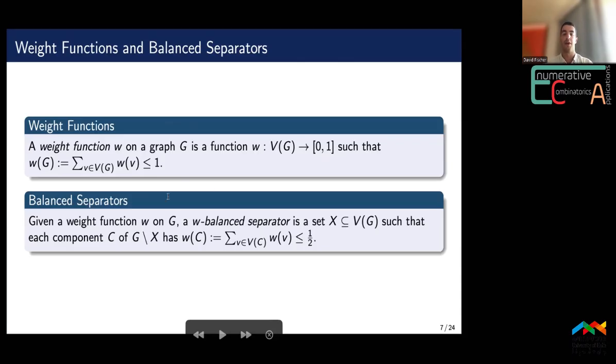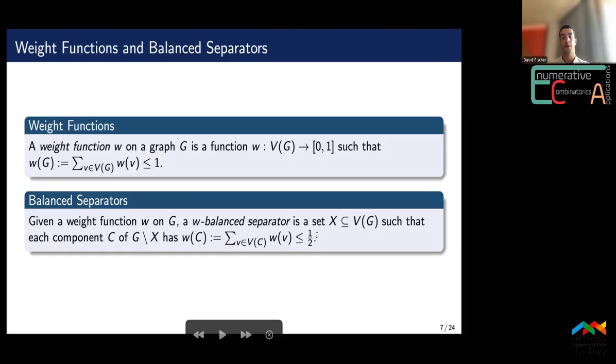And given a weight function W on G, a balance separator for W on G is a set of vertices that we can cut out from G such that the components of the new graph with the deleted vertices all have weight at most a half. So essentially, we want some set of vertices that if we get rid of, there's no longer any component that's too heavy.